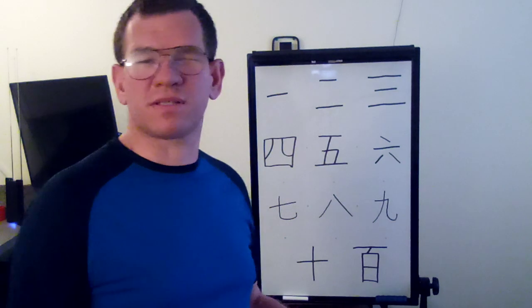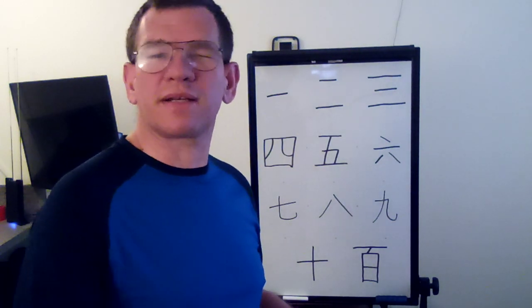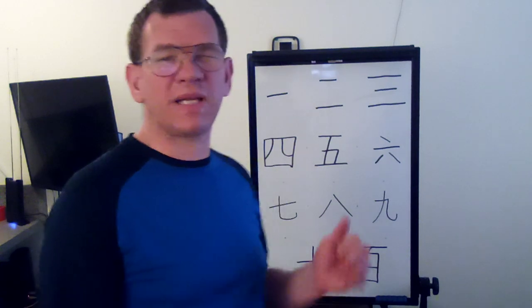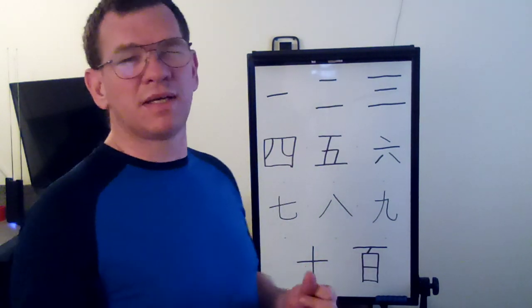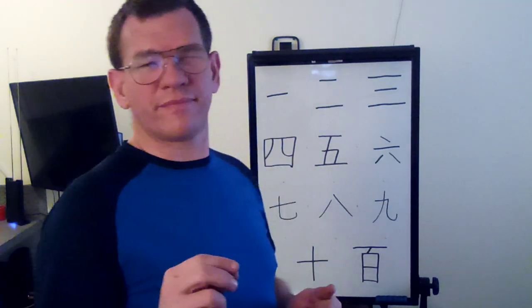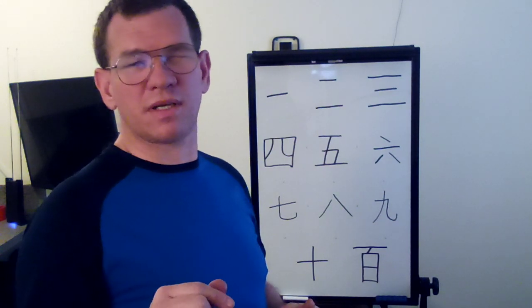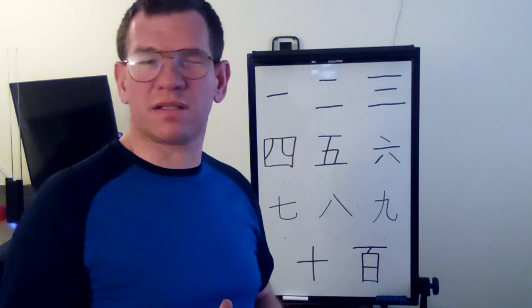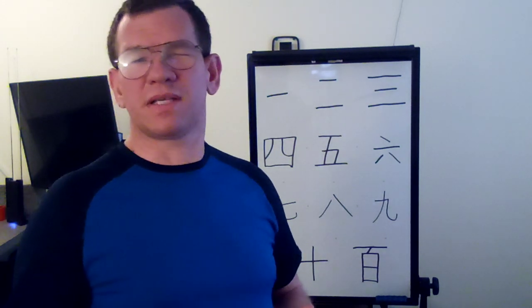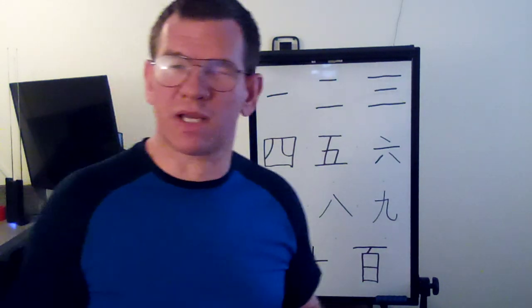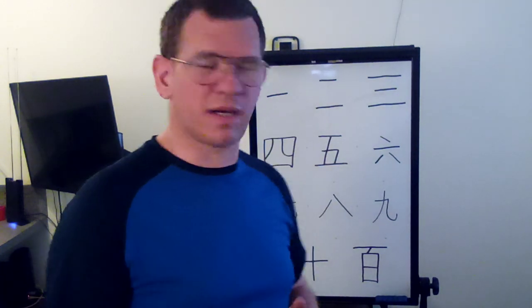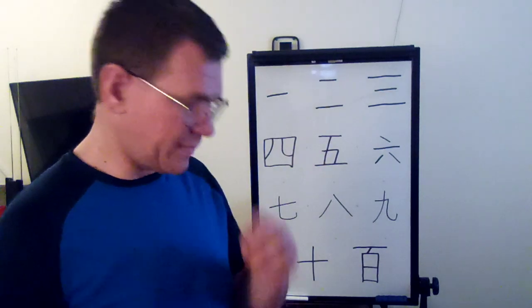Maybe it's just to help you start to recognize the characters. There are many characters that look very similar, so you have to pay attention to the strokes and the little dots, the extra little pieces on there. That's the hardest part for me when I learned Chinese, how similar one character could look to another character.